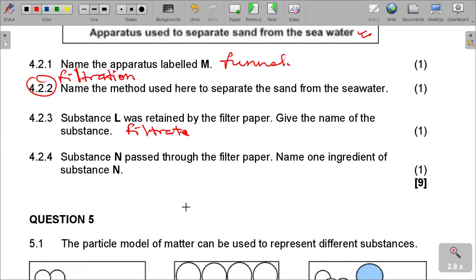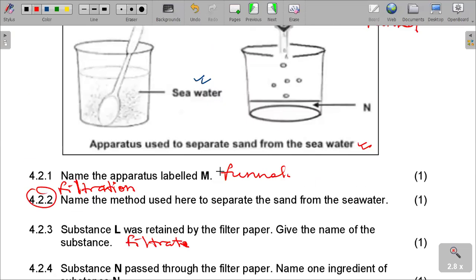Name one ingredient of the substance N, 2.2.4. Substance N passed through the filter paper. Name one ingredient of N. We can say that this can be water. It can be water there, or it can be salt.